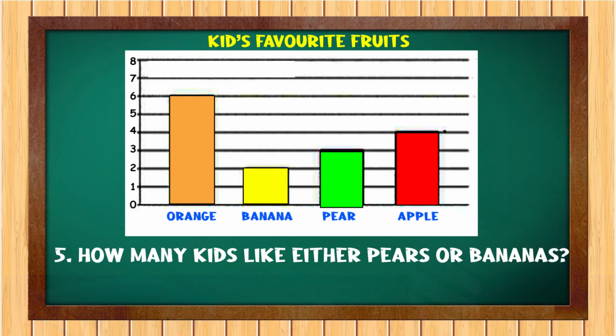Final question, how many kids like either pear or bananas? Now for this question, we have to do some calculation. So they're asking us, how many kids like pear and banana, basically.